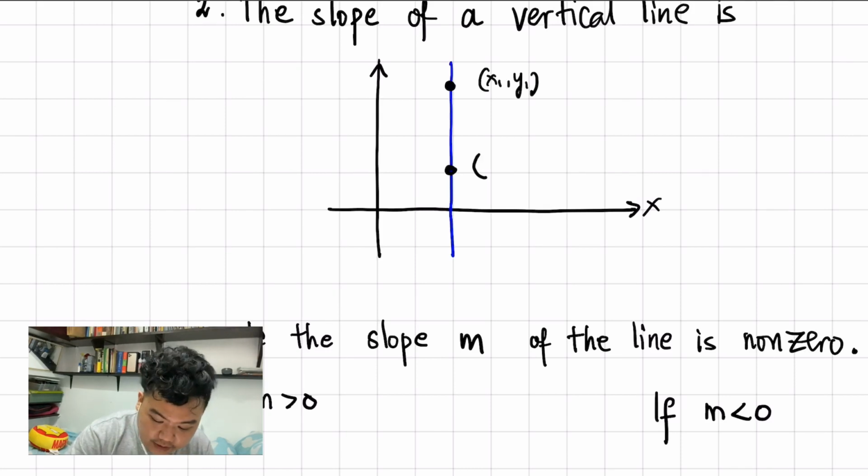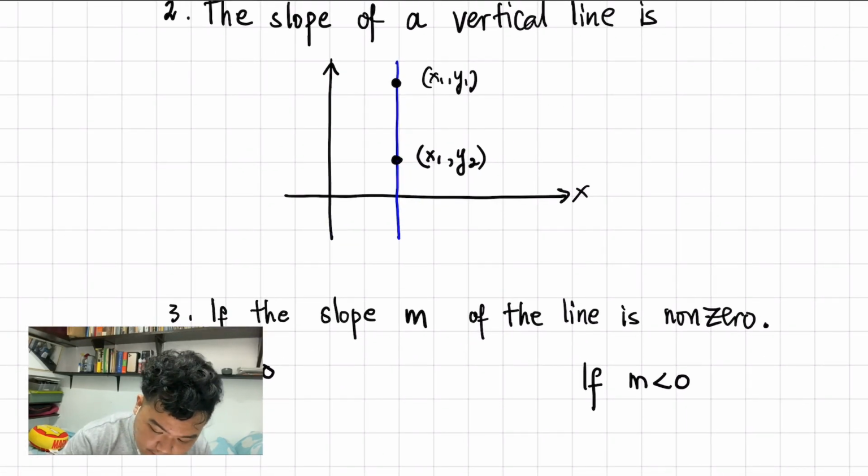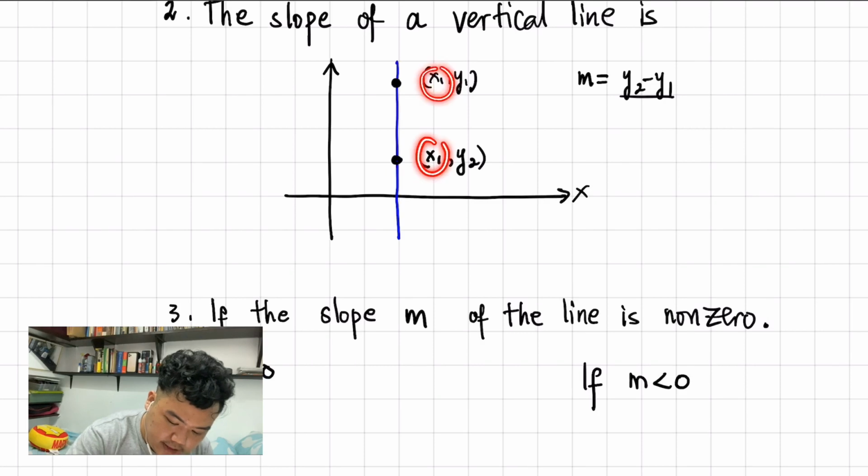The x-coordinate of that point is also x1, because all the points here have the same x-coordinate. And let's say the y-coordinate is some y2. So what is m? m is y2 minus y1 divided by x2 minus x1. Of course, the numerator is non-zero.